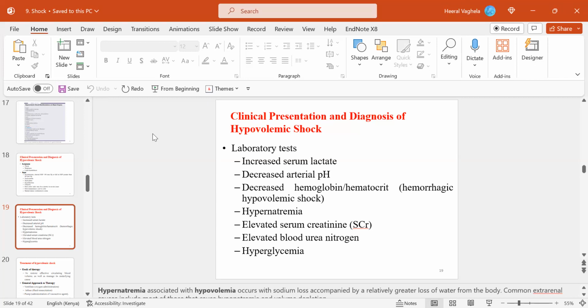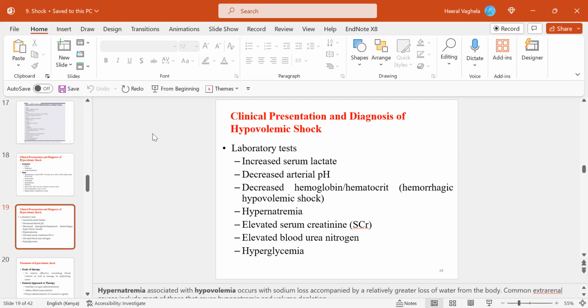So when those catecholamines and fluid retention occur, the delivery of oxygen to the tissues is decreased. So lactic acid is formed as a byproduct. So we can decrease lactic acidosis and then decrease tissue perfusion problems.